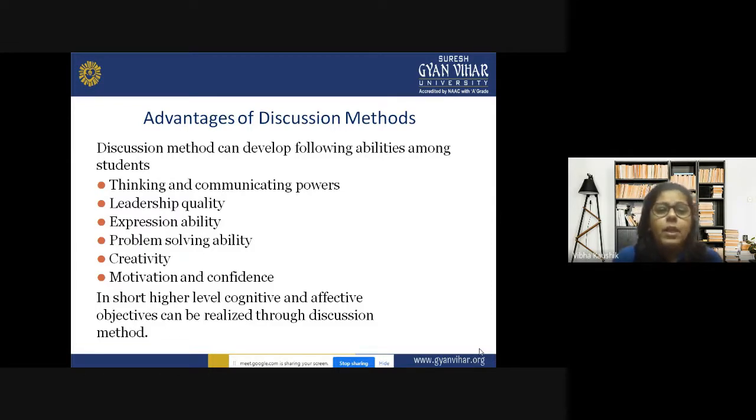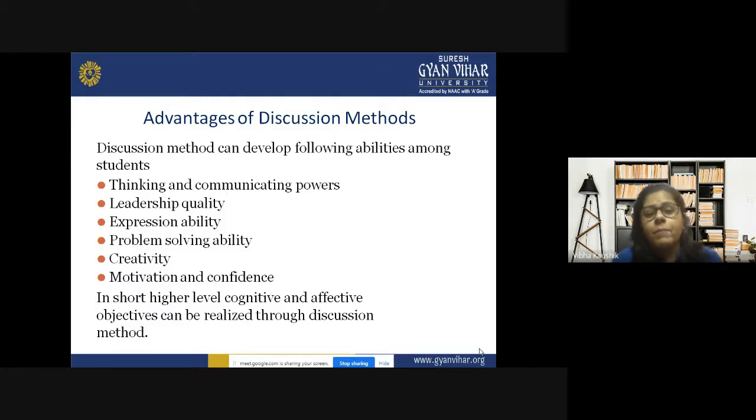Thinking and communicating power, it will develop the thinking and communicating power of the learners who are participating in the discussion. Leadership quality, it develops the leadership quality among the learners. Expression ability. They will learn how to express their ideas. They will learn how to express their viewpoints in front of a group.